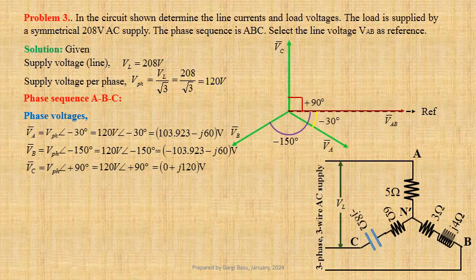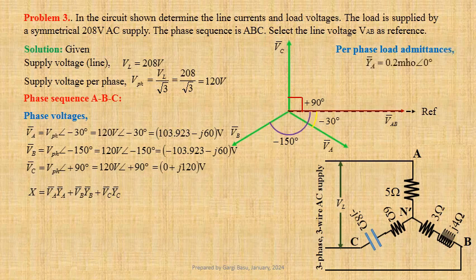Now we shall calculate X equals VA into YA plus VB into YB plus VC into YC. We have determined per phase load admittances: YA equals 0.2 mho at an angle 0 degree, YB equals 0.2 mho at an angle minus 53.13 degree, and YC equals 0.1 mho at an angle 53.13 degree.